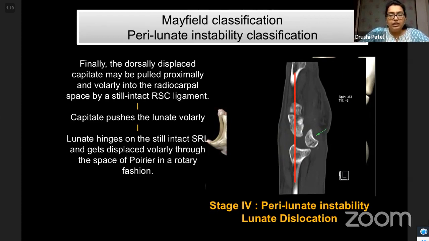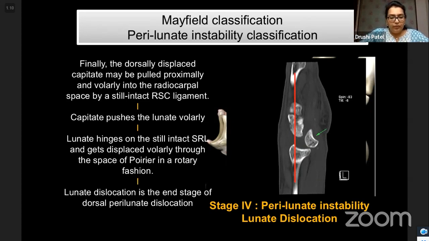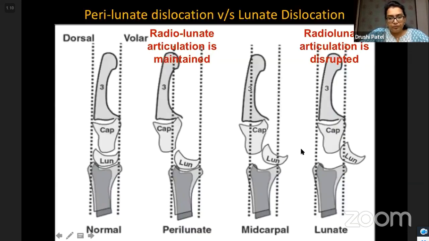So you understand here that in perilunate instability, stage 2 is the perilunate dislocation. Stage 4, where the lunate is thrown out of the joint, is lunate dislocation. There is rotary displacement of the lunate out of the joint, and the capitate tends to move downwards towards the proximal carpal row.